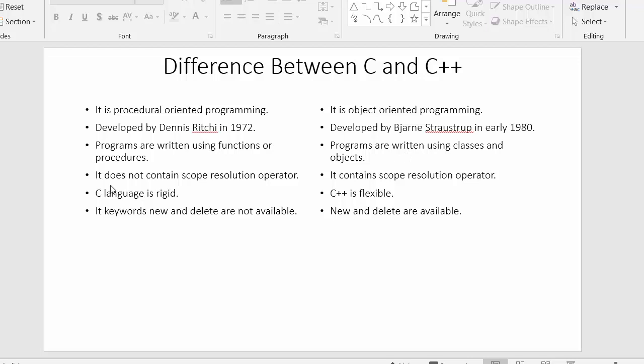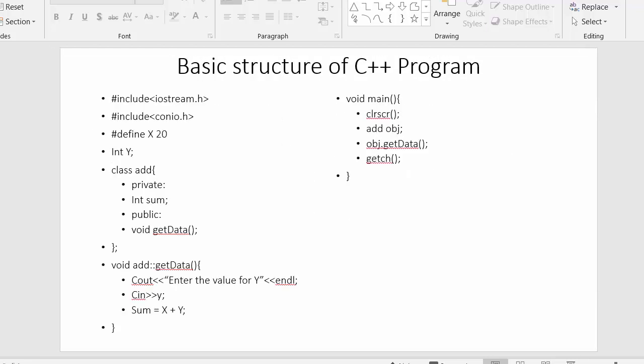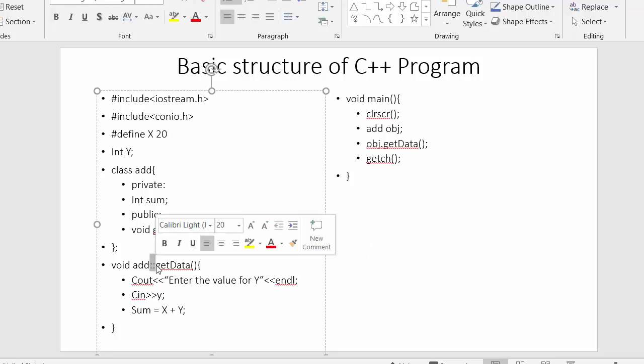C doesn't contain the scope resolution operator. The scope resolution operator, which we saw in our last video where we discussed the basic structure of a C++ program, is these two colons. This is called the scope resolution operator. As you can see here, this is the function getdata.